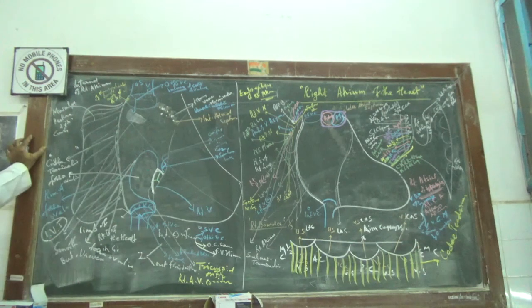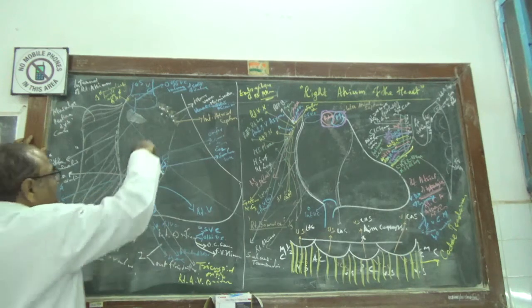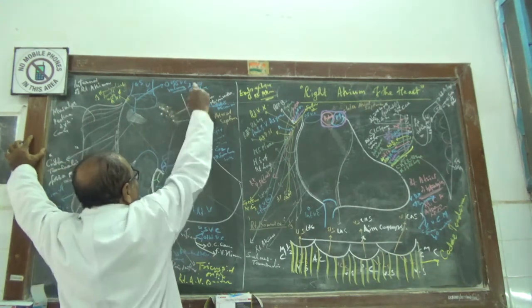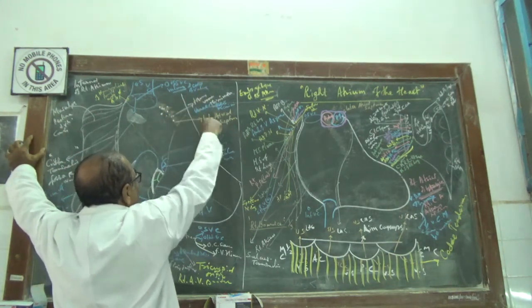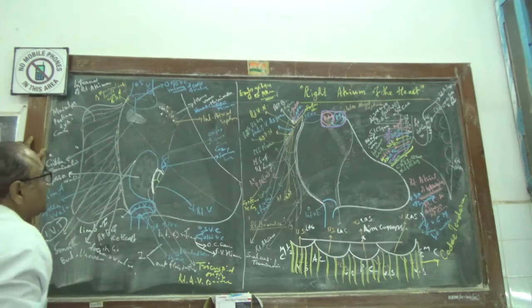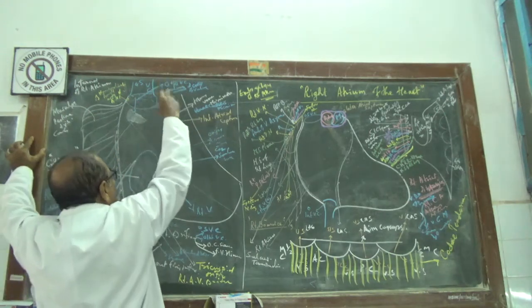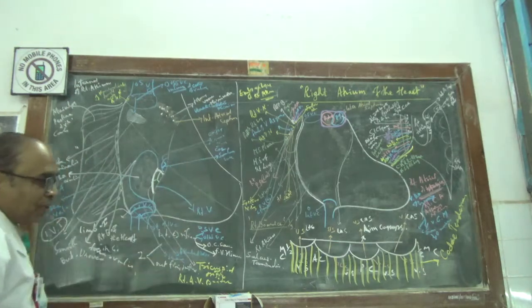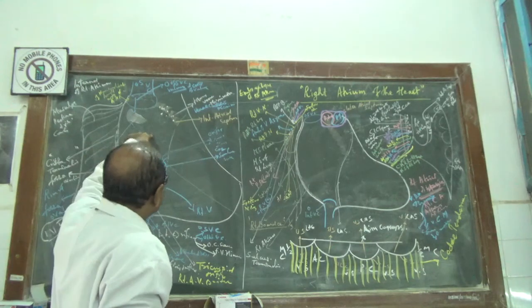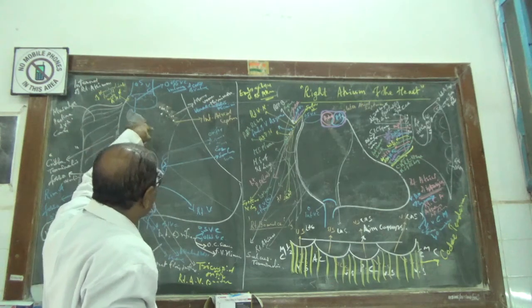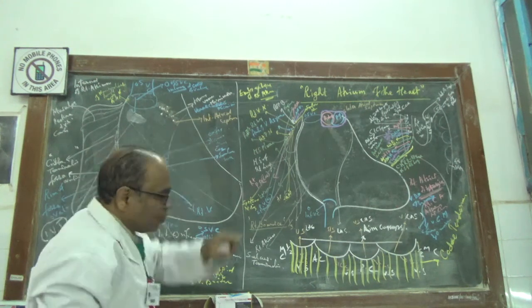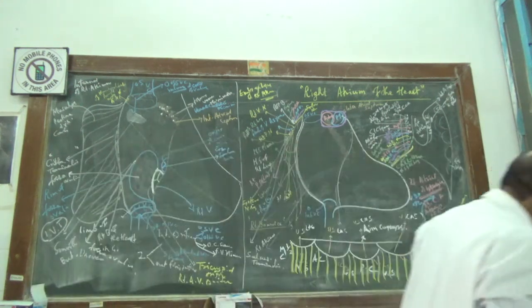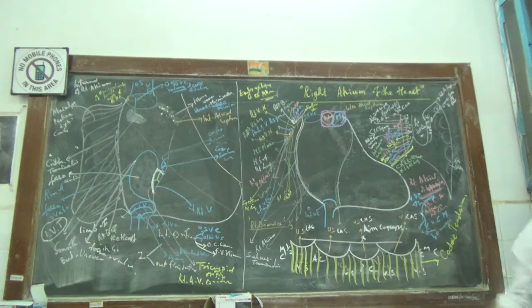If the interatrial septum is not fully developed, it remains as a gap or slit, so there will be a mixture of the deoxygenated blood in the right atrium with the oxygenated blood in the left atrium.